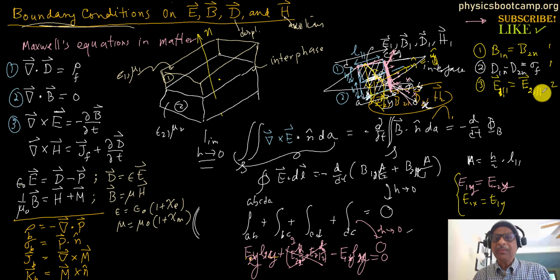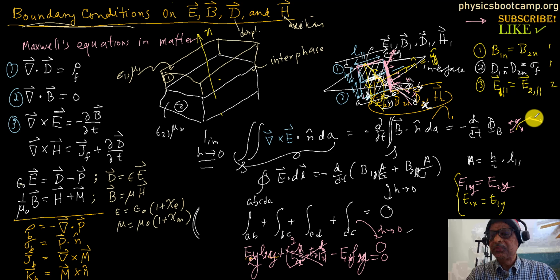Now, if you had a curved surface, then over here parallel would correspond to this direction, and over here the electric field along that direction.